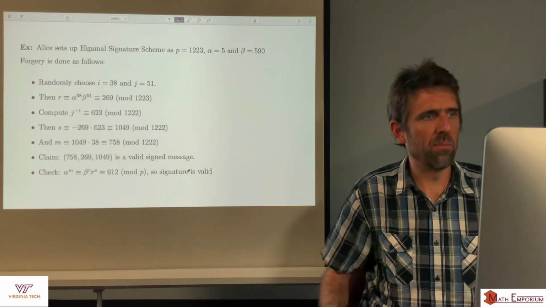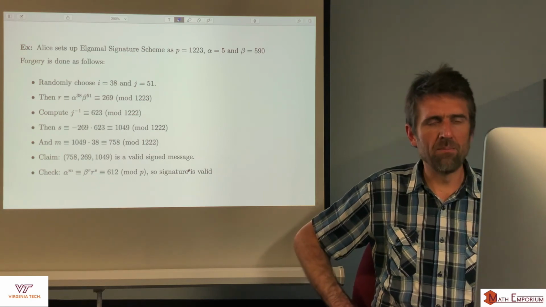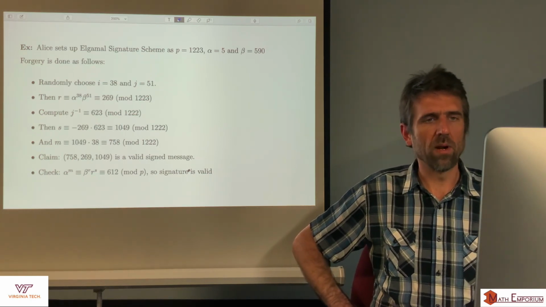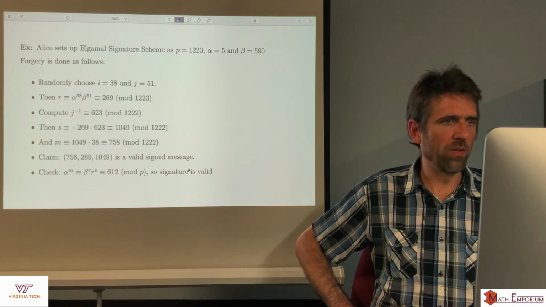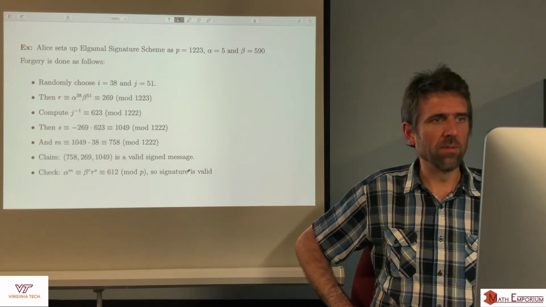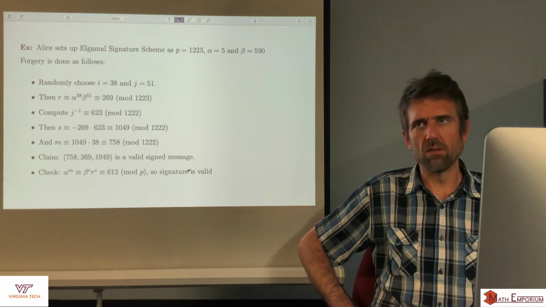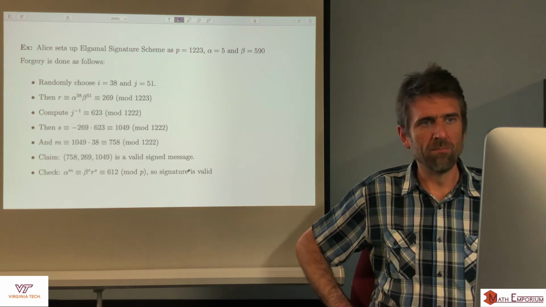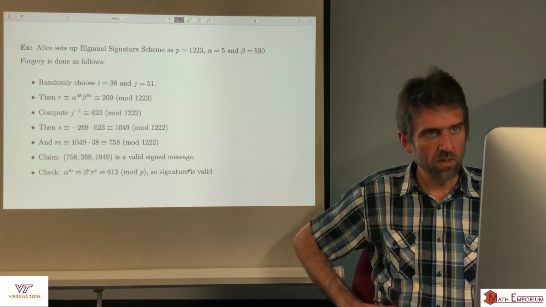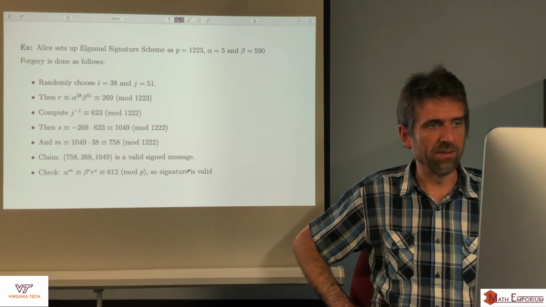So here's just a little example. Suppose Alice sets up an ElGamal signature scheme. p is 1223, alpha is 5, beta is 590. Here's how I might do my forgery. Just randomly choose these i and j, numbers between 0 and p minus 2, such that j is invertible.